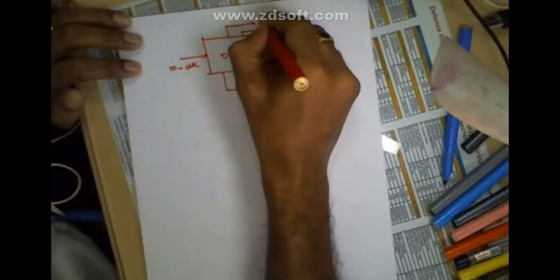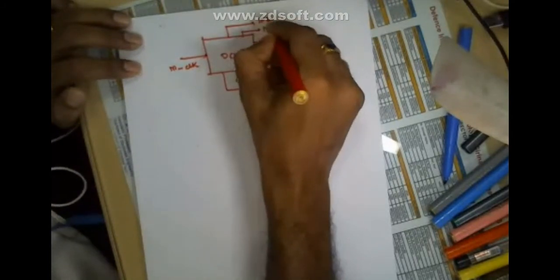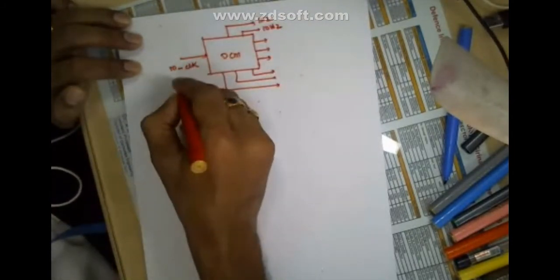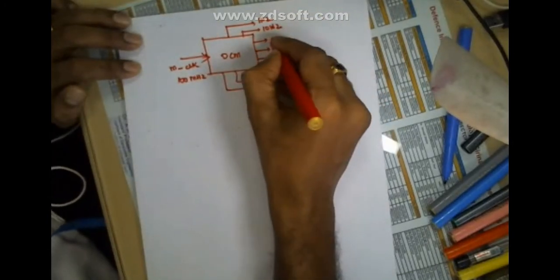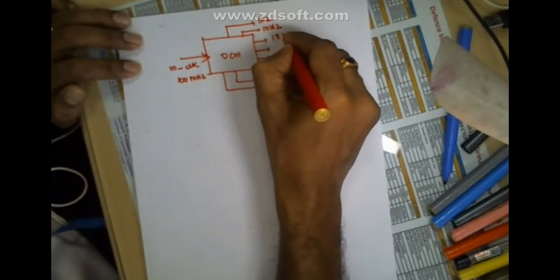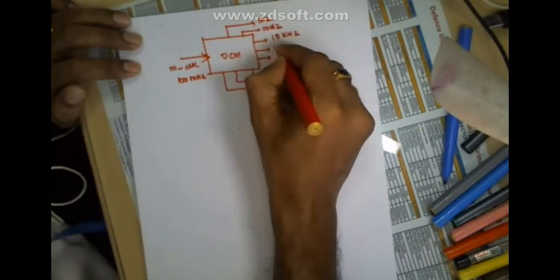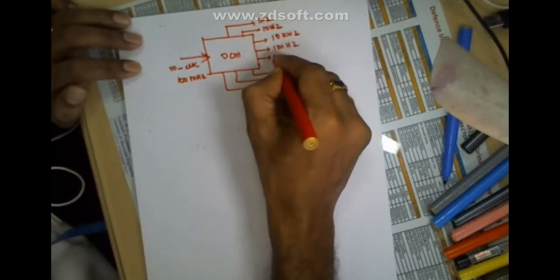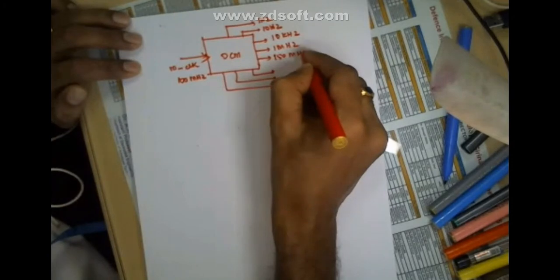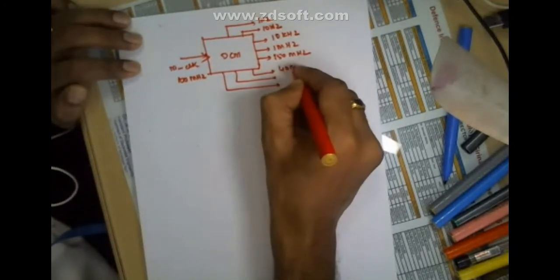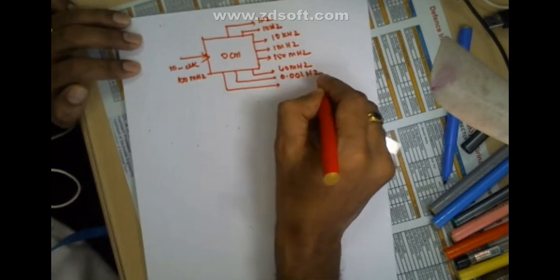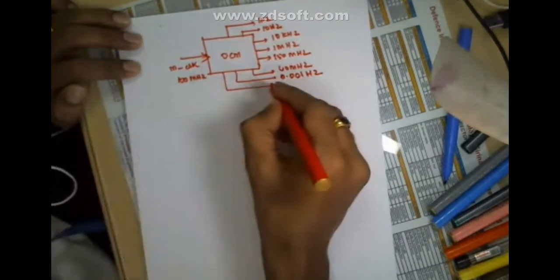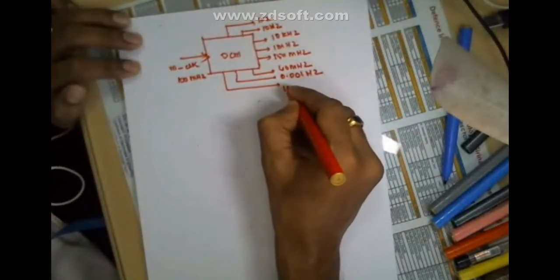So this may be 1 hertz, this may be 10 hertz, this is 100 megahertz, the onboard clock. This may be 10 kilohertz, this may be 1 megahertz, this may be 150 megahertz, this may be 400 megahertz, this may be 0.001 hertz. You understand now? And this may be 100 hertz.